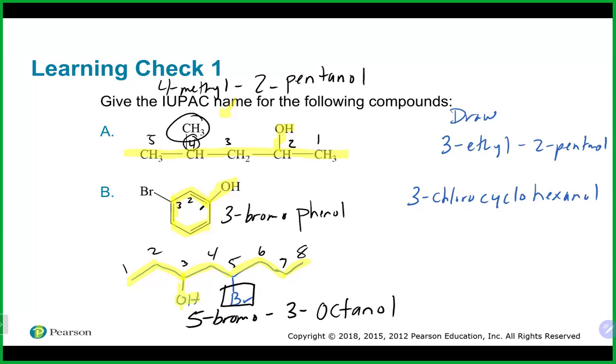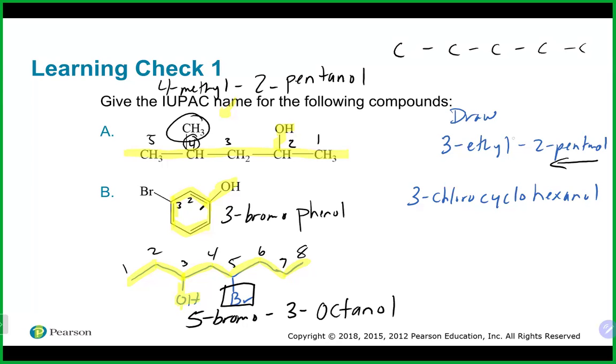All right, so when we're drawing structures, just like we always do, we want to work our way backwards in the name, and that is pentanol. So obviously the pentane part, if you will, tells us it's 5 carbons. The OL at the end tells us it's an alcohol, right? So that's what we're going to start with. We'll just start with our 5 carbons: 1, 2, 3, 4, and we'll go 5.